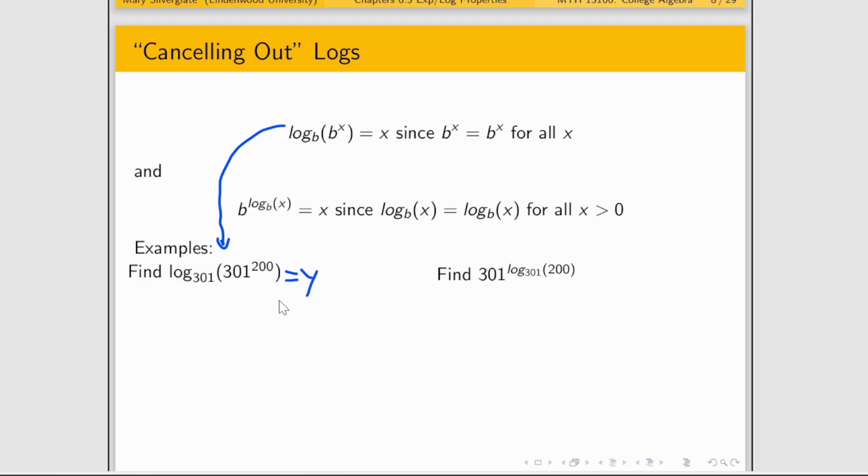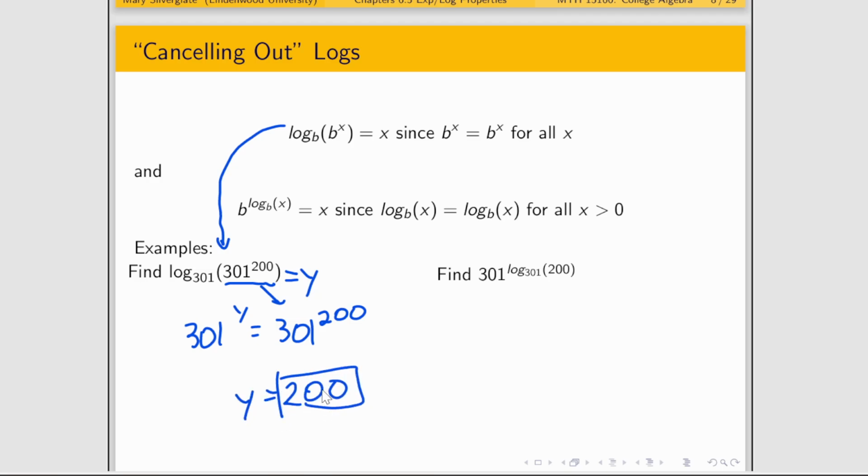Let's formally convert this to an exponent to see why this canceling out works. So we do same base 301 to the output y is equal to the input, and the input is that entire phrase, 301 to the 200. So I'm saying 301 to what power gives me 301 to the 200, which is a rather silly thing to say because I just told you the power on 301 was 200. So my answer is 200.